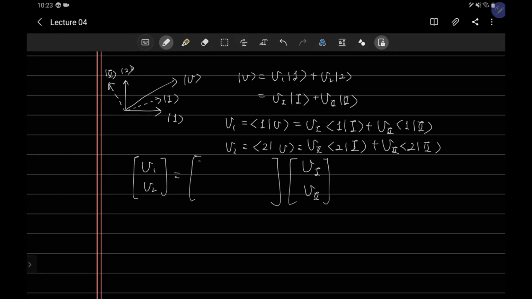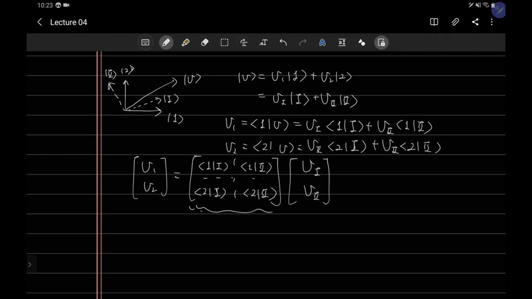Each of the components will be something like this is 1 1, this is 1 2, and this is 2 1, 2 2. So they can always be represented in this way. Then the next question is, this is a matrix, but we also know that a matrix will always have an operator form. So how can we find it?